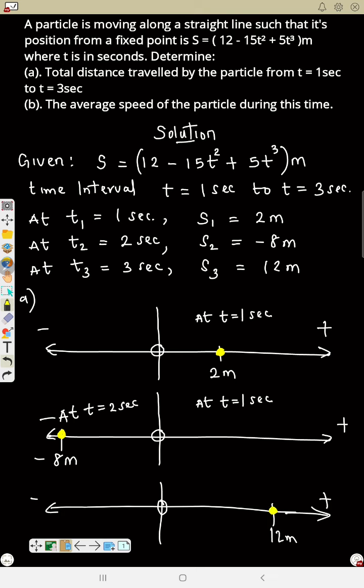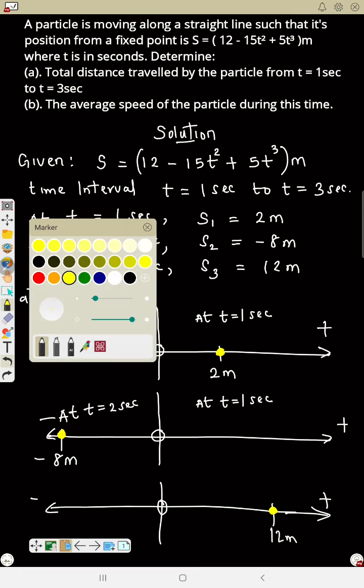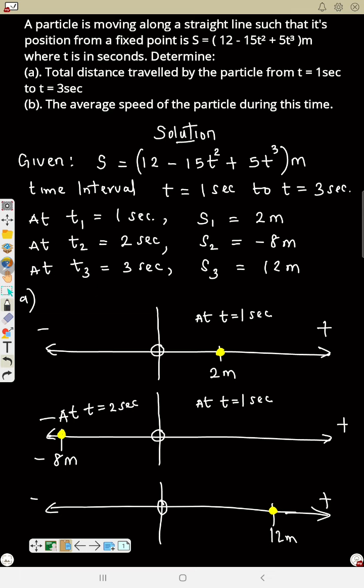Now see everything in split form like this. And take note, I already used the left hand side as minus, so I'm putting it there, and the right hand side as plus. So all these will be plus. As you can see here, S1 is plus 2, S2 is minus 8, S3 is plus 12.